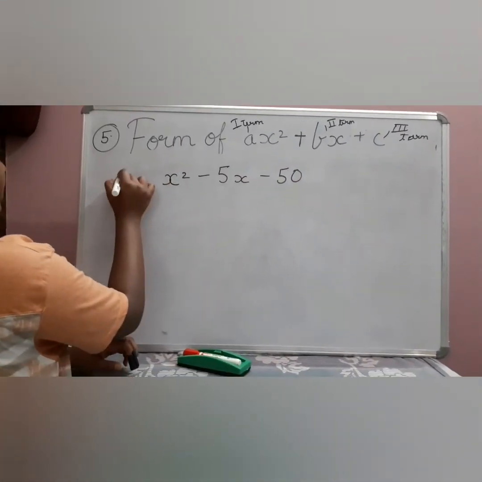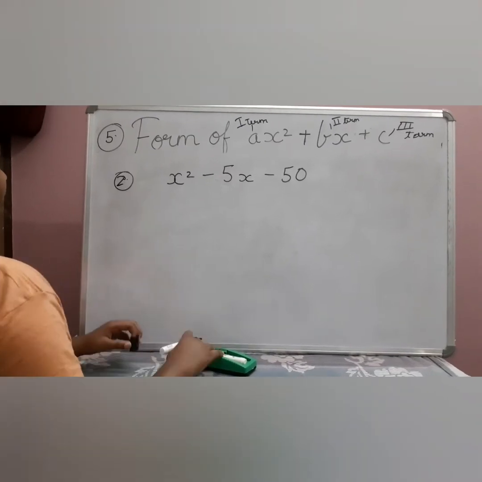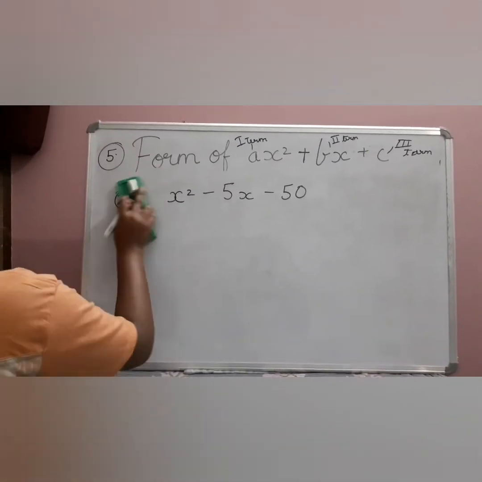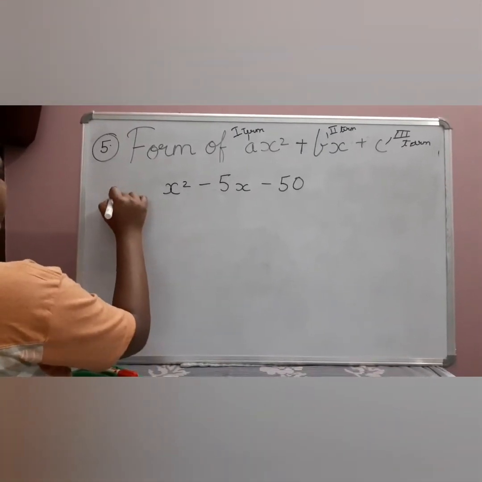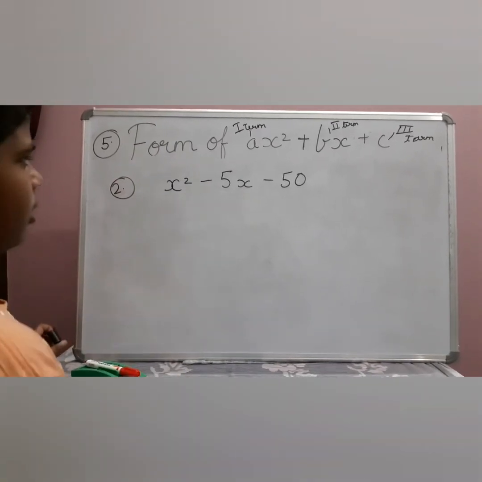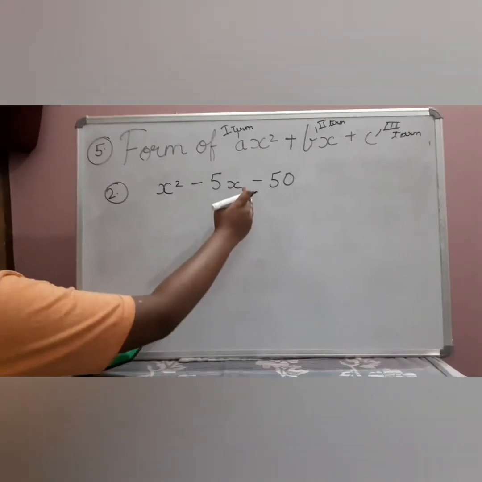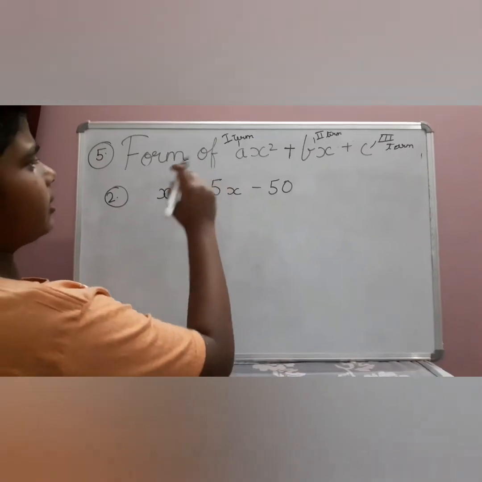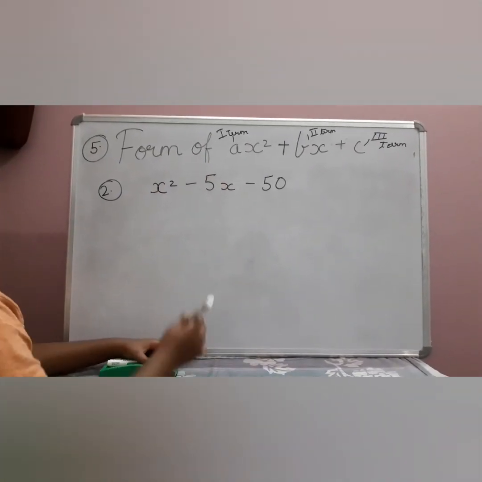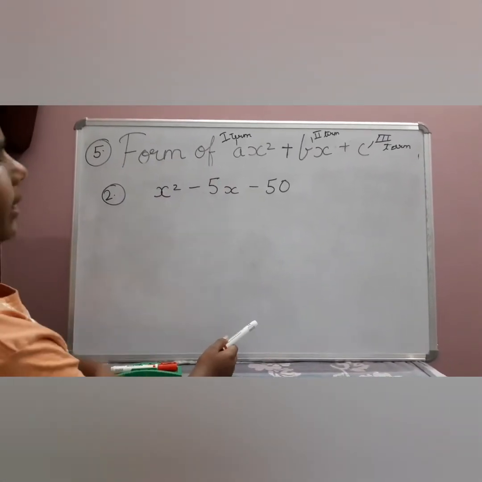This is our second example. I have told you, first you have to apply the 4 steps. To take common, nothing can be taken common.